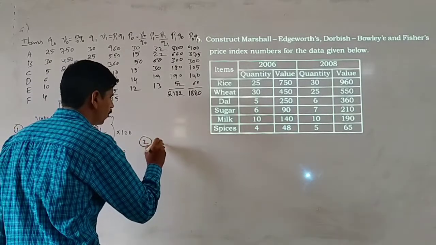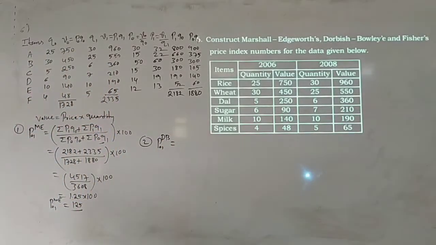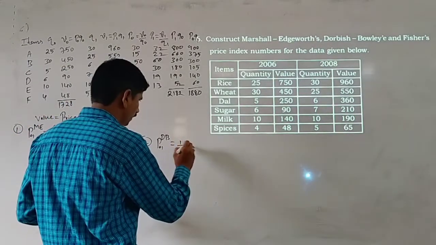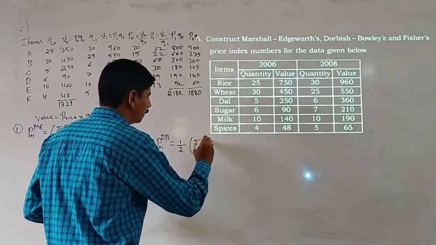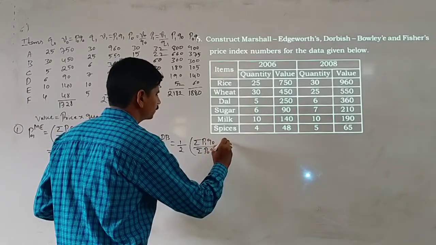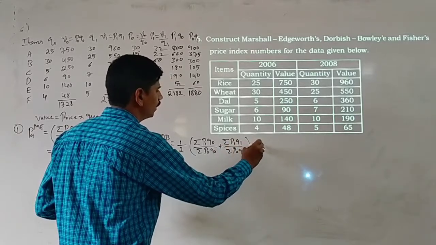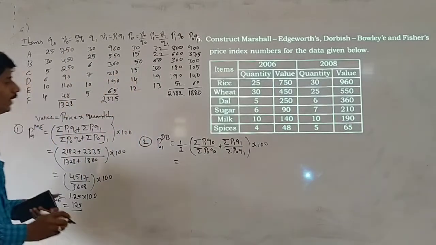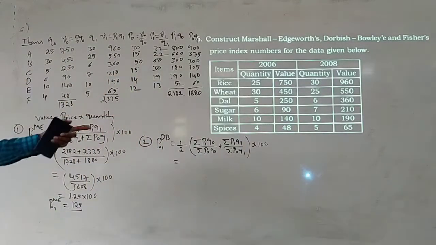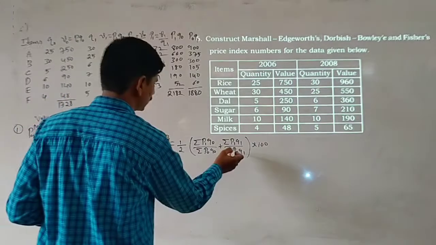The second one is Drobisch-Bowley's, that is P01 DB equal to, here we have not calculated Laspeyres and Paasche's, therefore we have to use the direct formula: 1 by 2 into sum of P1 Q0 divided by sum of P0 Q0 plus sum of P1 Q1 divided by sum of P0 Q1, into 100.